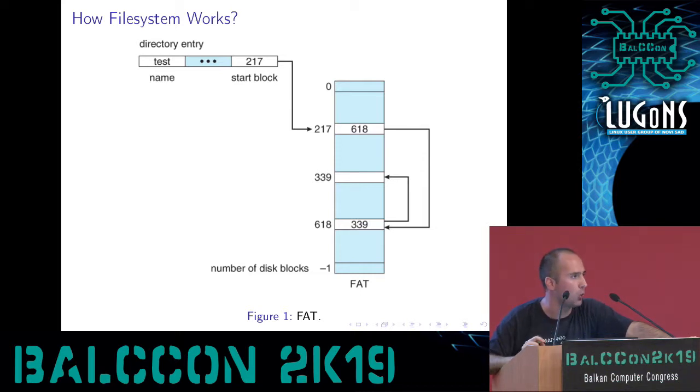Also, what is important to notice is that file sizes are usually not multiples of block size, which means that the last block stays partly unused. That part stays unused, and that is called slack space. And we are going to come to that later on.